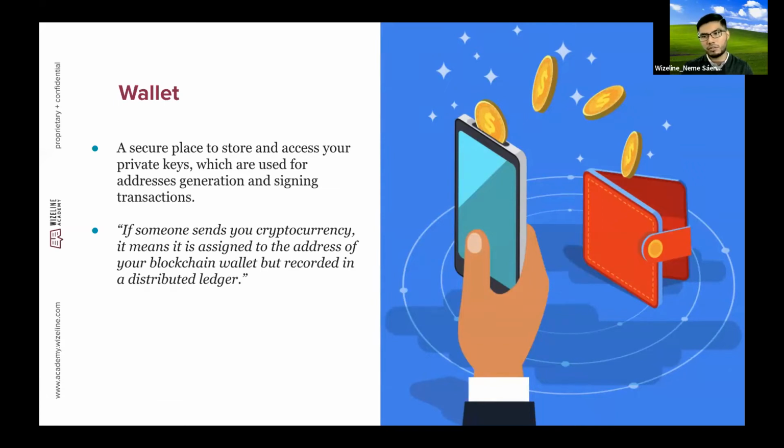Similar to a checkbook, you write checks using your signature, and you use that to send funds. If you lost your wallet, I'm talking about a blockchain wallet, you should be able to recover all your funds if you have the keys associated with it. And if someone sends you cryptocurrency, it means it is assigned to the address of your blockchain wallet, recorded in a distributed ledger, not in the wallet itself.